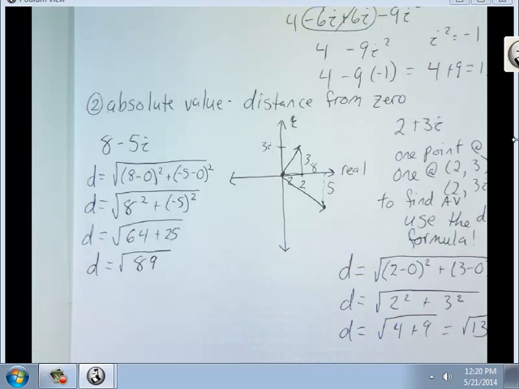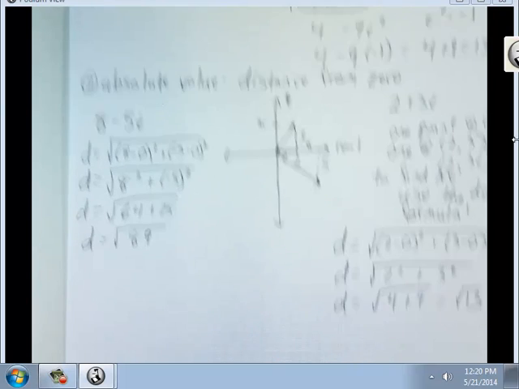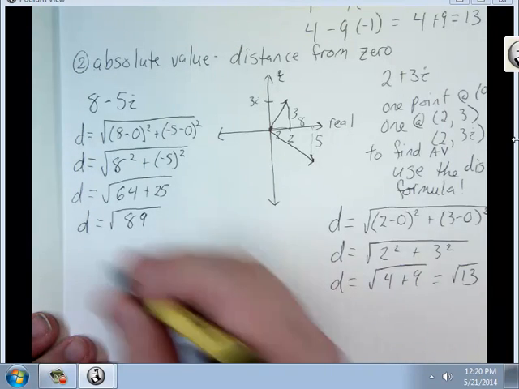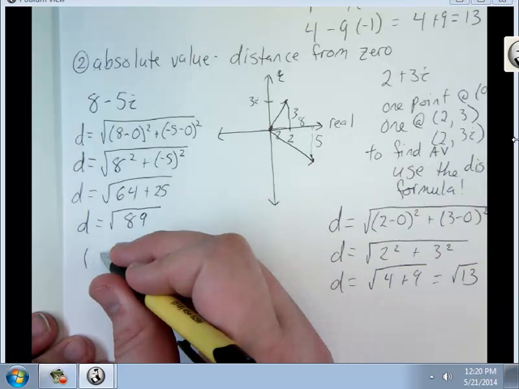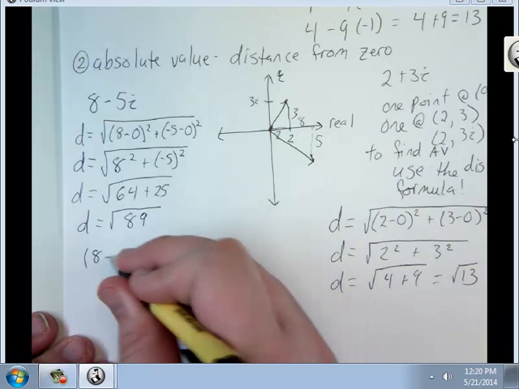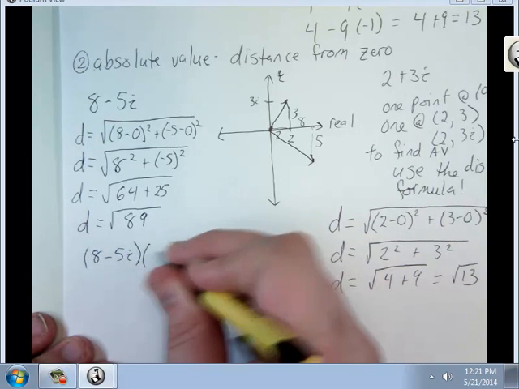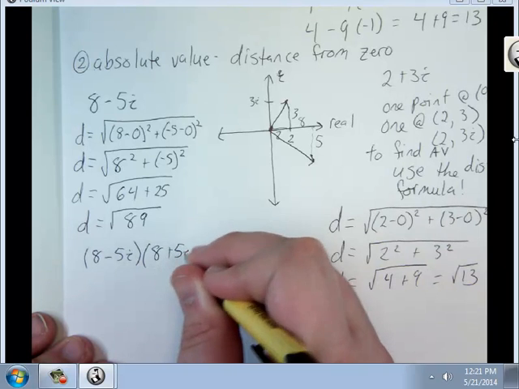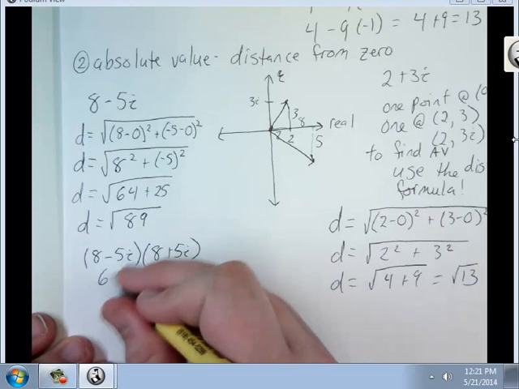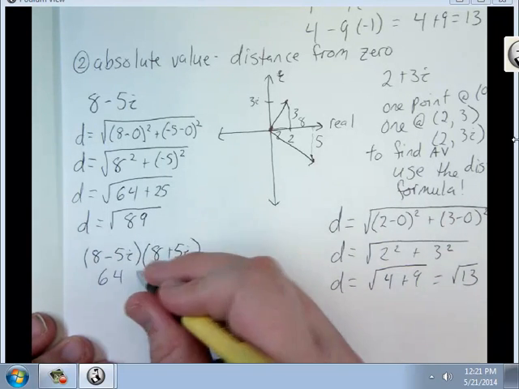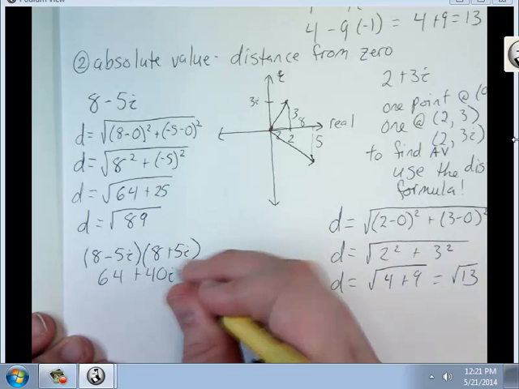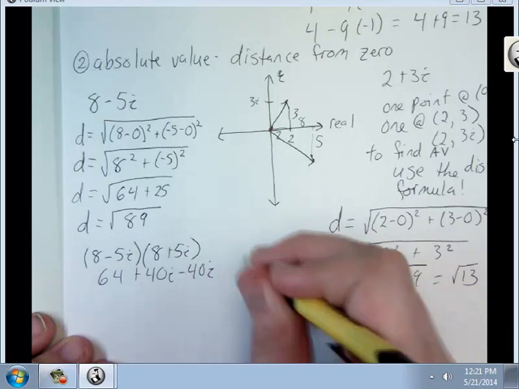Now, we're going to test something to see if the conjugate works as planned. Conjugate of this would be 8 plus 5i, right? So 8 minus 5i times 8 plus 5i. We'd have 64 plus 40i minus 40i minus 25i squared.